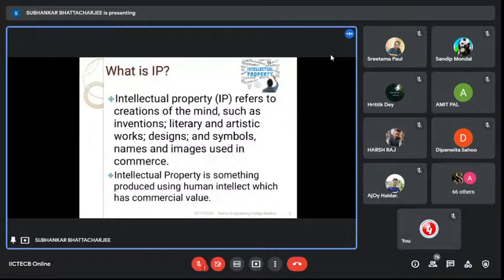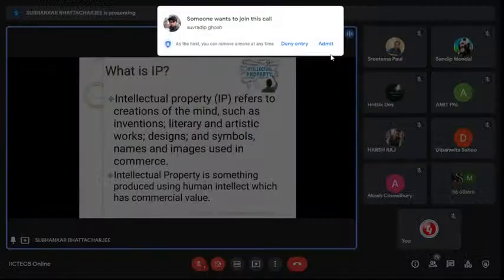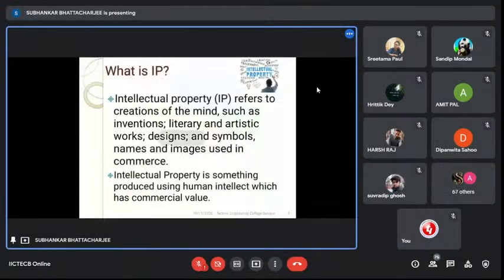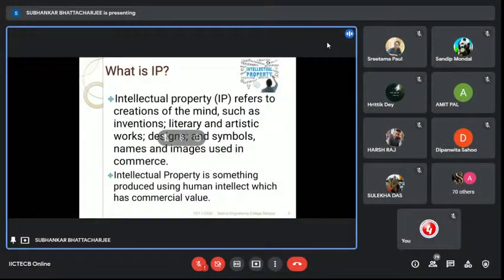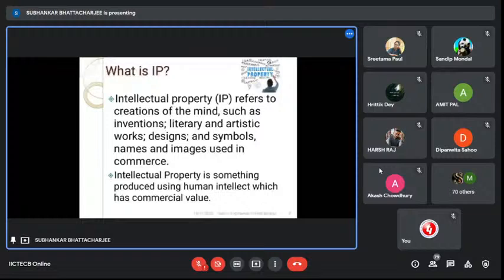Another main feature of intellectual property is that it should have some innovative idea, some invention, some uniqueness, and it must also give some economic gain. Then we can call this property intellectual property. It must have commercial value.